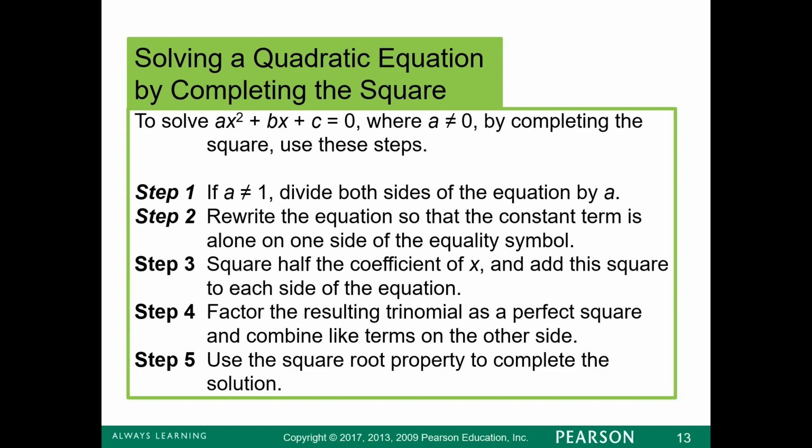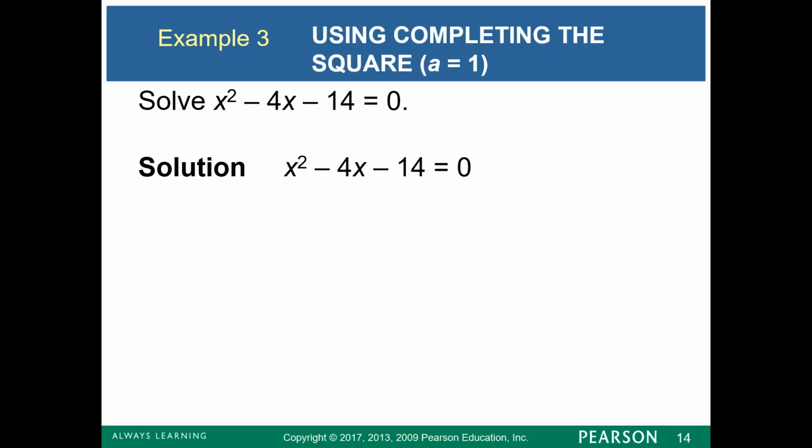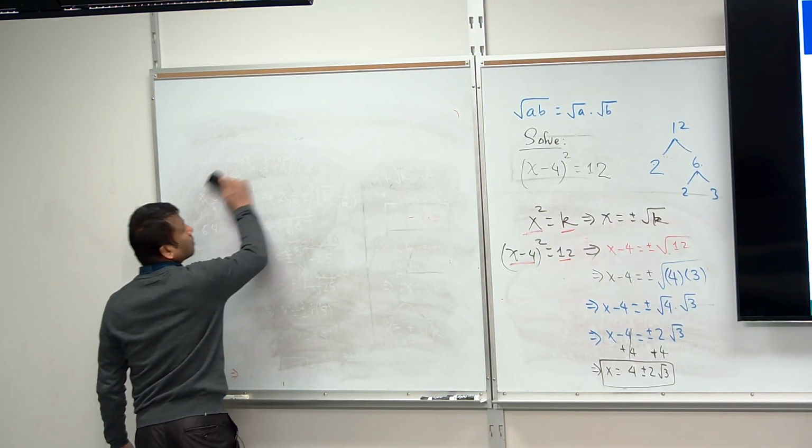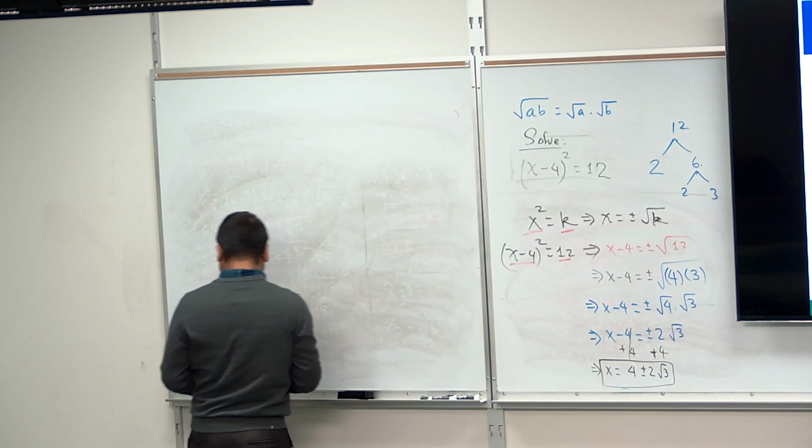Sometimes we cannot solve the quadratic equation by the factor method, so at that time we have to use the completing the square method. So let me show you one example.